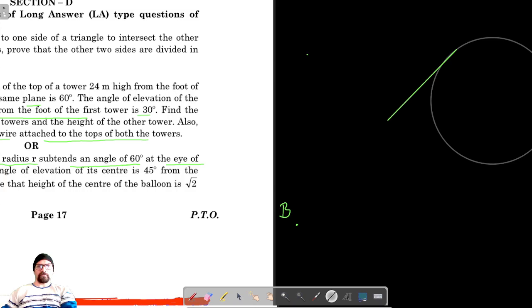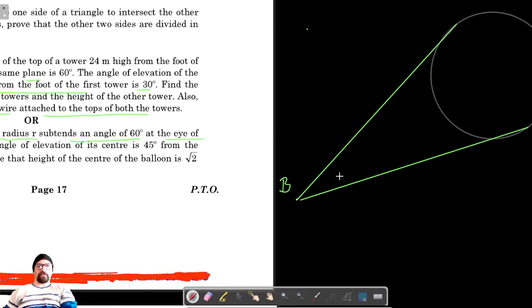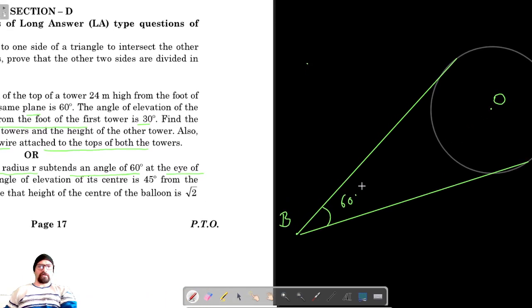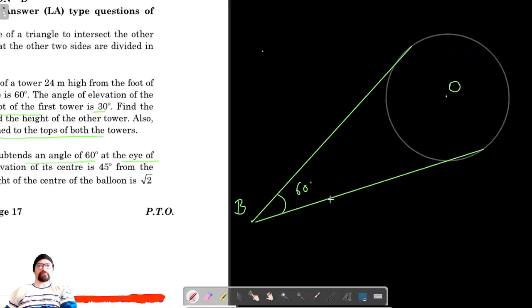So let's say this is one tangent, and this is another tangent from the balloon, and this is the 60 degrees subtended, and let O be the center of the spherical balloon. So this is how the angle has been subtended by the balloon at the eye of the observer, 60 degrees.